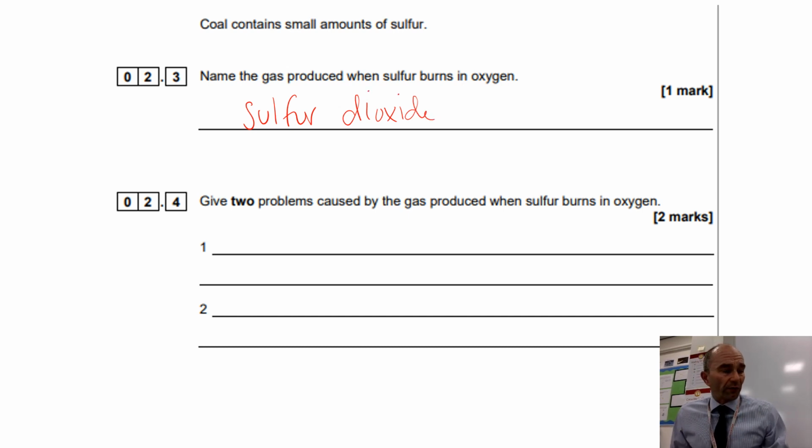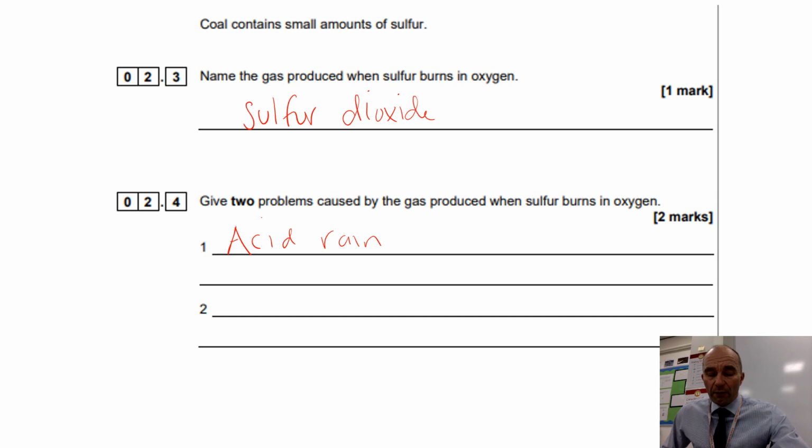Now, give 2 problems that sulfur dioxide causes. Well, a big one, it's not so much of a problem as it used to be, was acid rain. The gas escapes into the clouds, and it dissolves into the cloud and forms a weakly acidic solution, and then it rains down a weak acid, and that's bad for plants and rivers and so on.